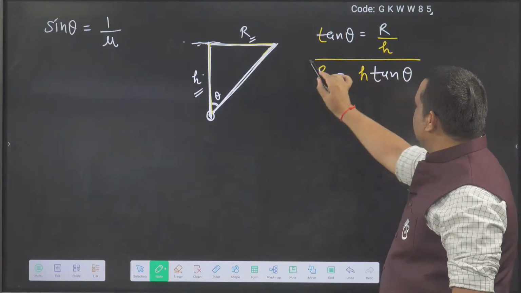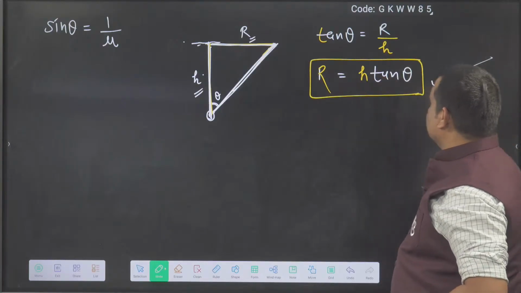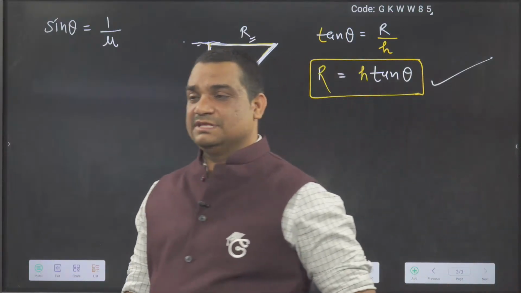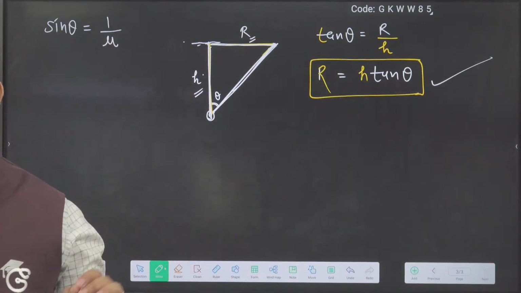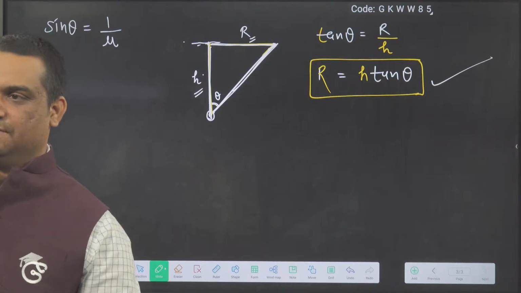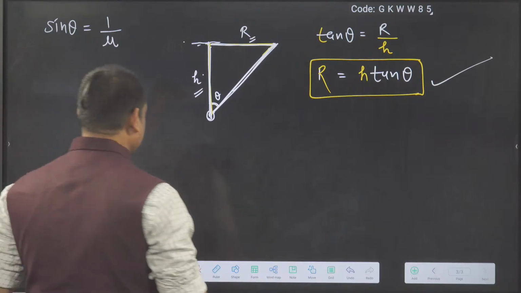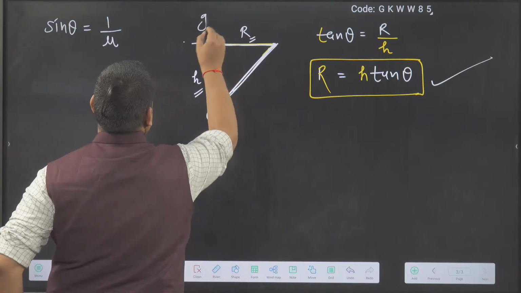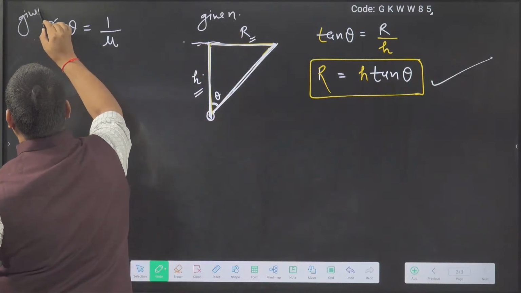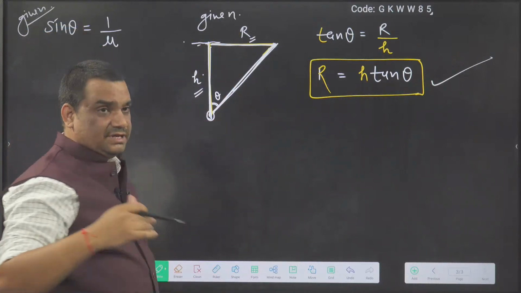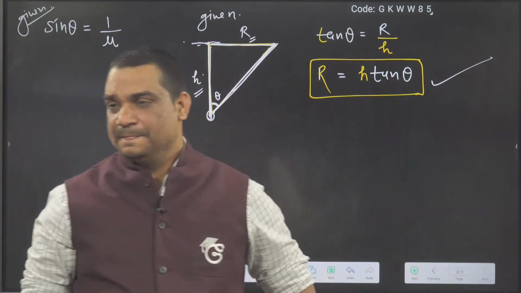Anyone having any problem in this line? First of all, this figure I have given in the question. This is given, this is also given.